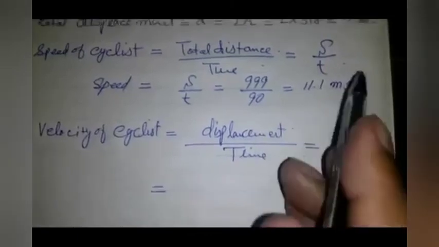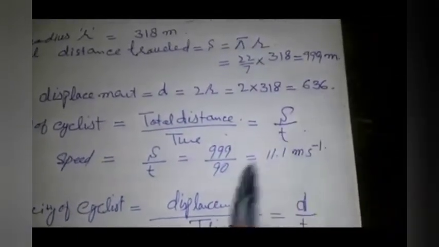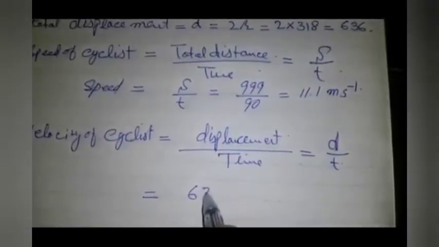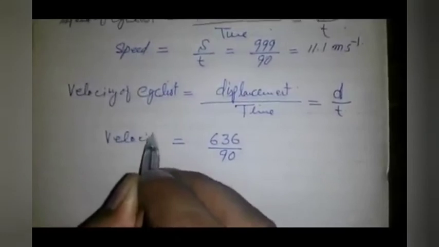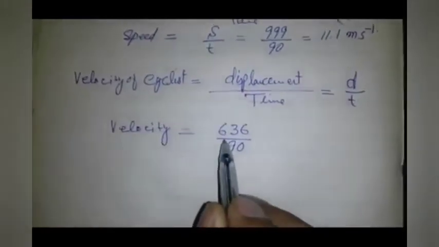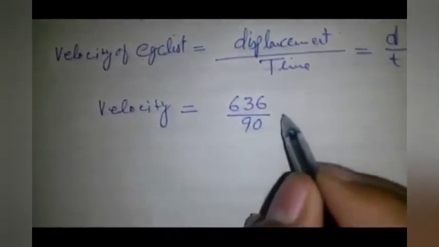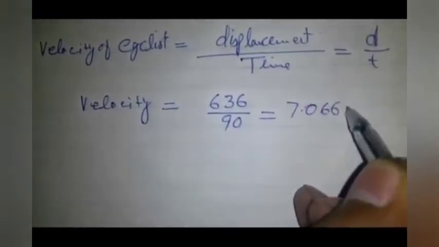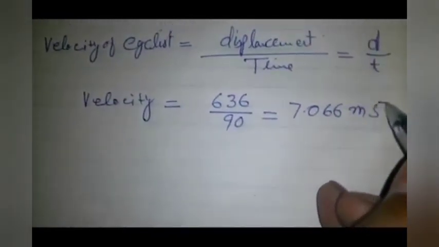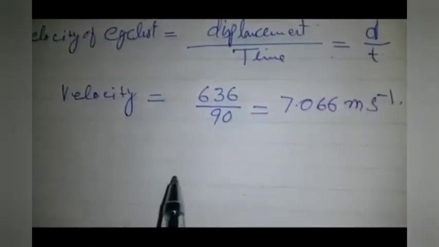Displacement we calculated is 636, over t, which is equal to 636 over 90, which is equal to 7.066 meter per second.